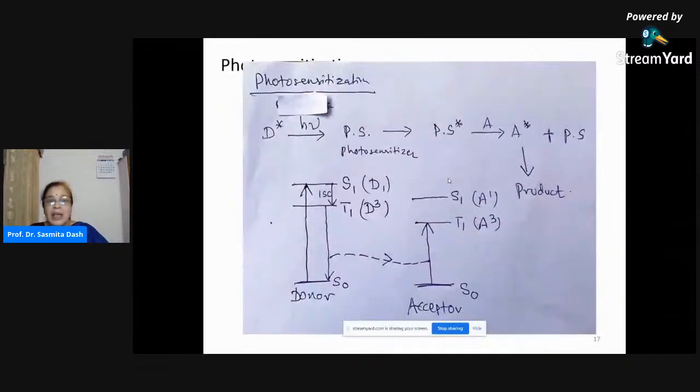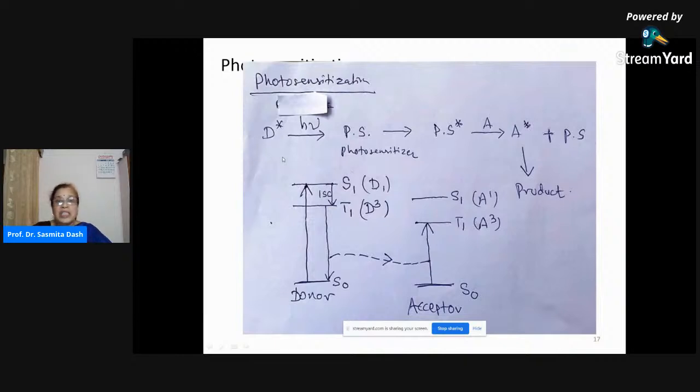It can only promote the reaction, remaining silent in the process. Photosensitized reactions are spontaneous, involving a decrease in free energy of the system.